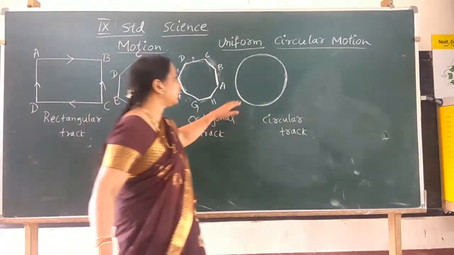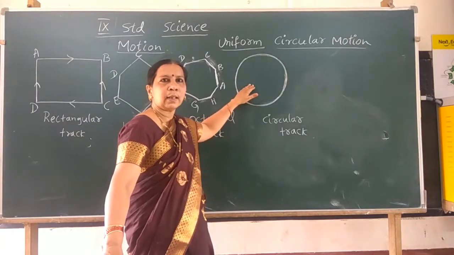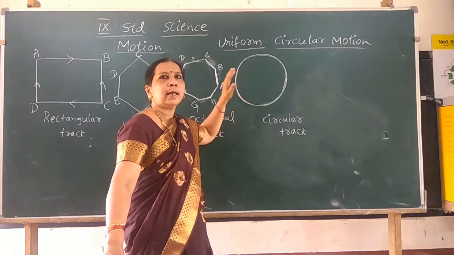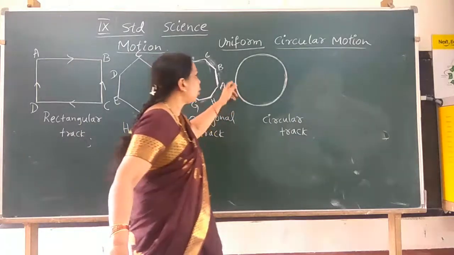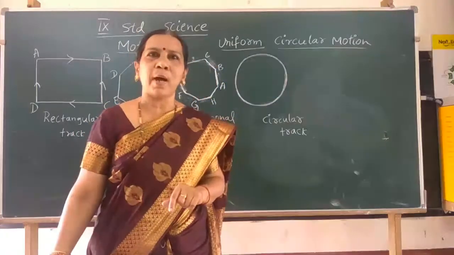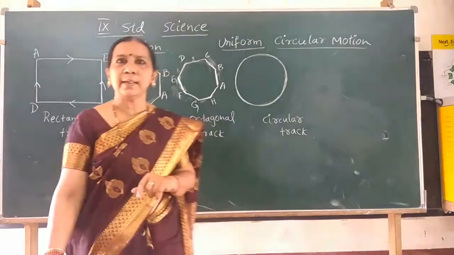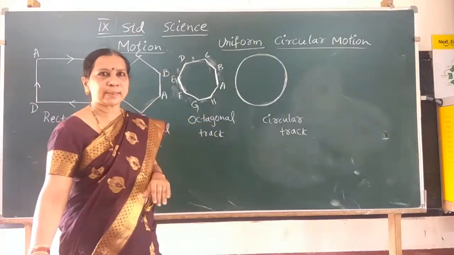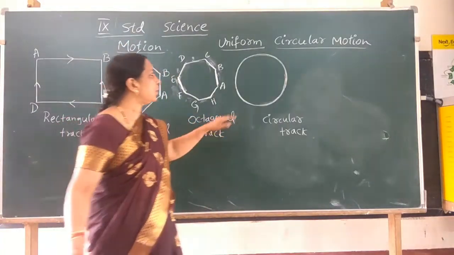Now let us consider an athlete or a body moving around the circular path with uniform speed. So here what distance is covered?